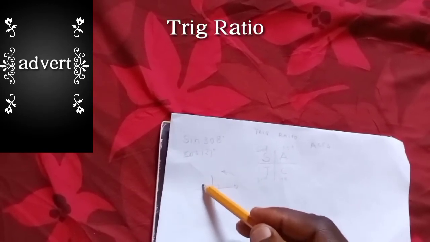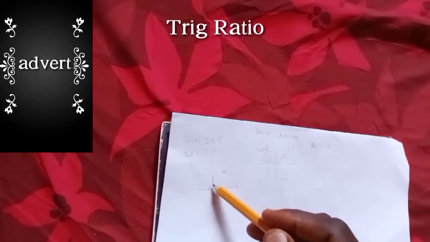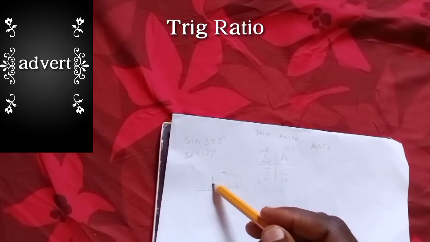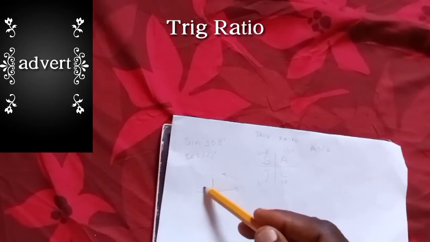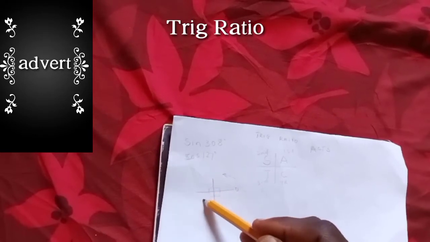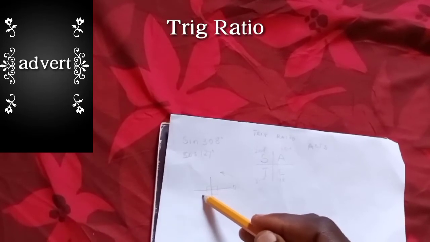So second quadrant is all about angles that increase from 90 to 180. Those are the angles that I will see in my second quadrant. Then my third quadrant, 180 plus 90, that's 270.